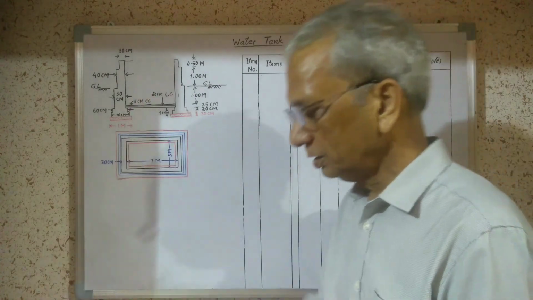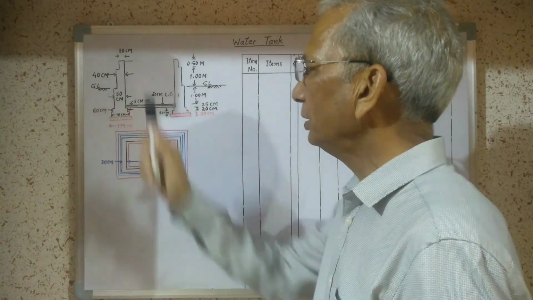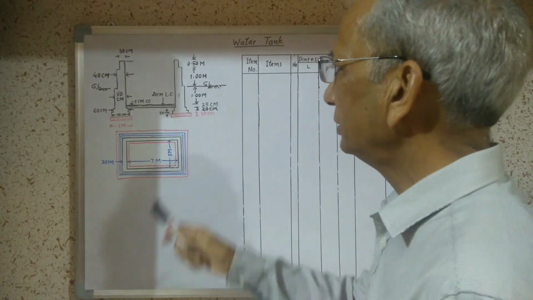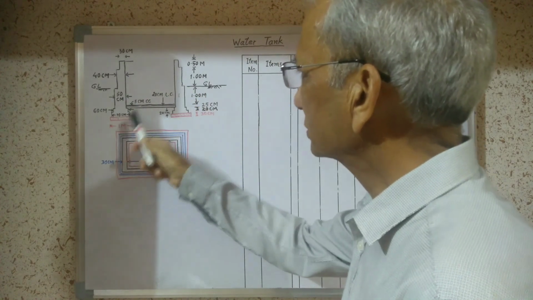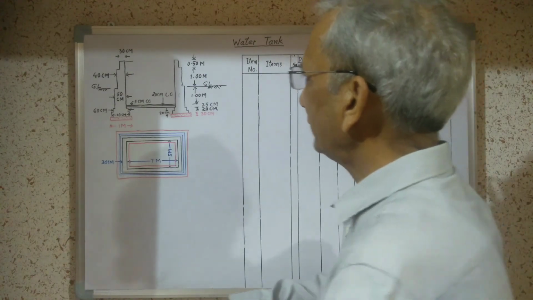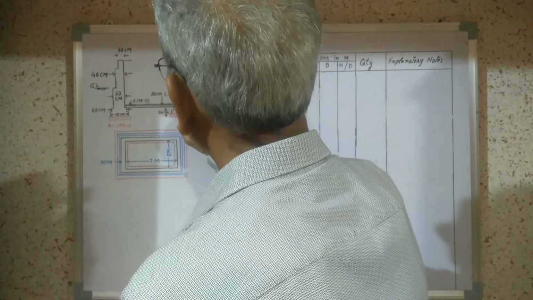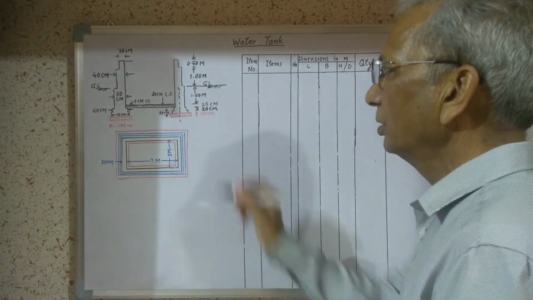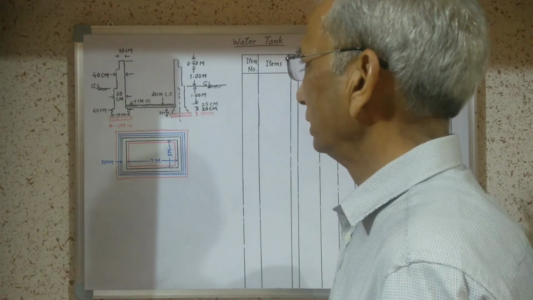Now we will divide this structure into two portions. One is below ground level and second is above ground level. Why have we divided it? Because below ground level the structure is symmetrical, if we draw a center line, the different items are symmetrical, but above ground level it is unsymmetrical.